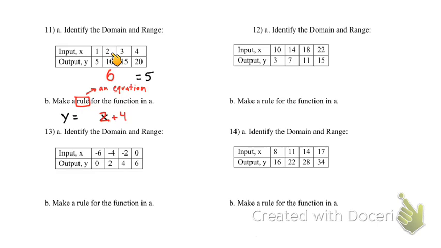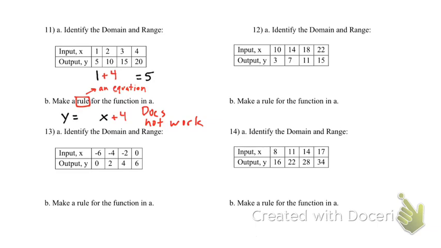According to my function, I should have gotten what? 10. Okay? So that means this rule of adding 4 is not working. It has to work for the entire table.